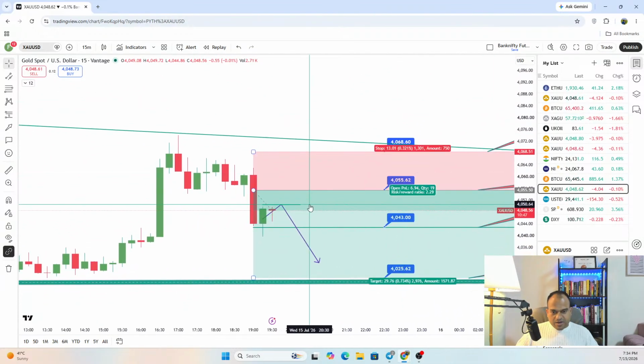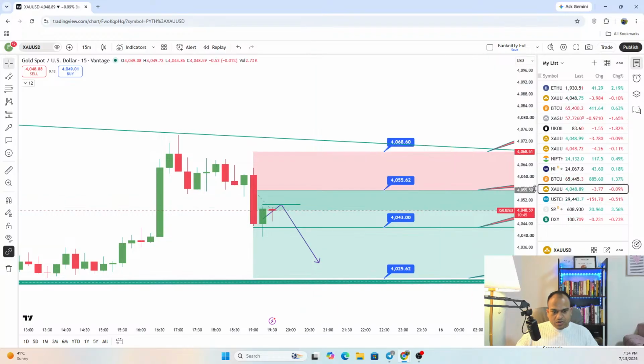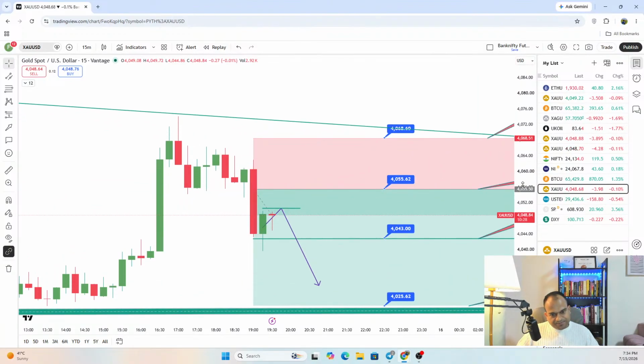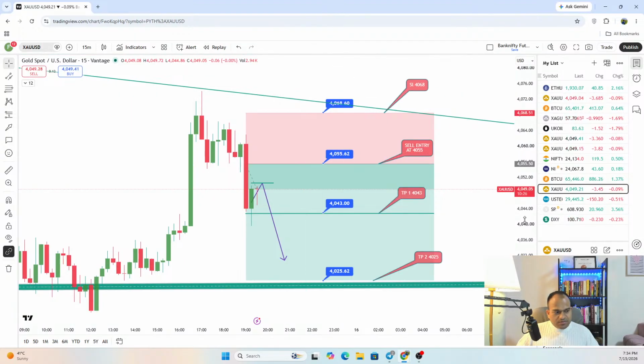So this level that I marked right now is still holding. If this is broken, then definitely gold will come back to this area. And my second trade will be closed cost to cost if the market comes back to this area. But I still hold to see what happens here.